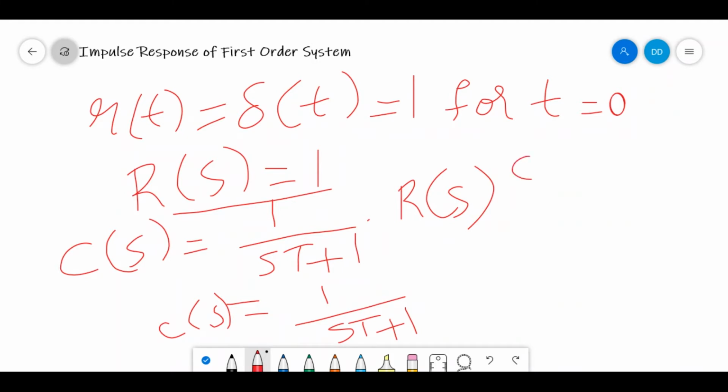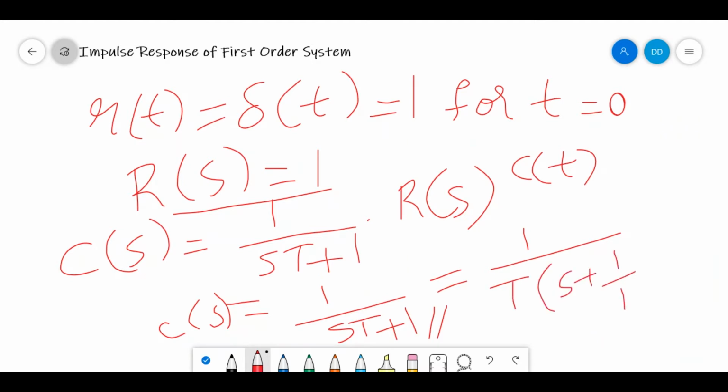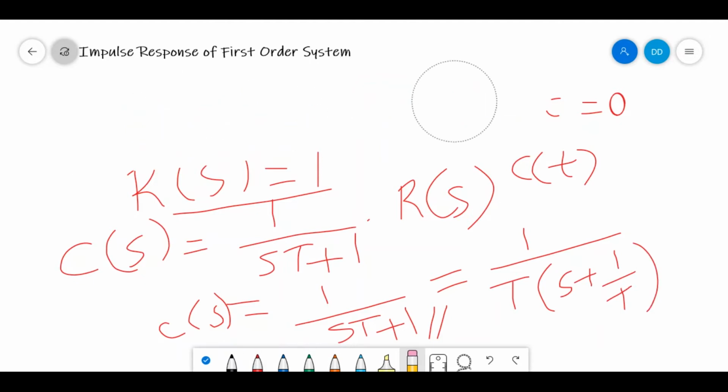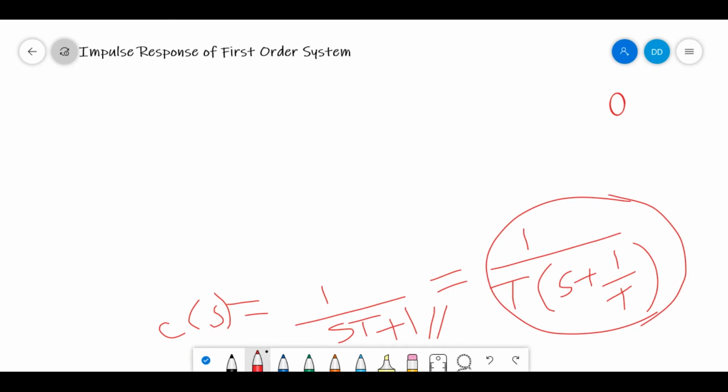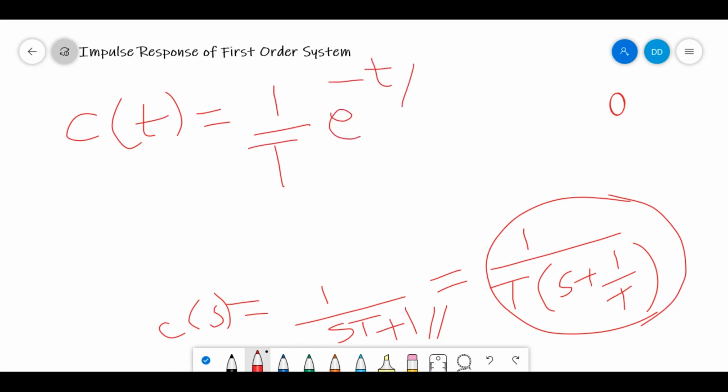We have it in Laplace domain, so we have to apply inverse Laplace. For that we rearrange this in the standard form, 1 divided by t into S plus 1 by t, and applying the inverse Laplace for this particular transfer function, we get C of t is equal to 1 by t into e to the power minus t by t into u of t.